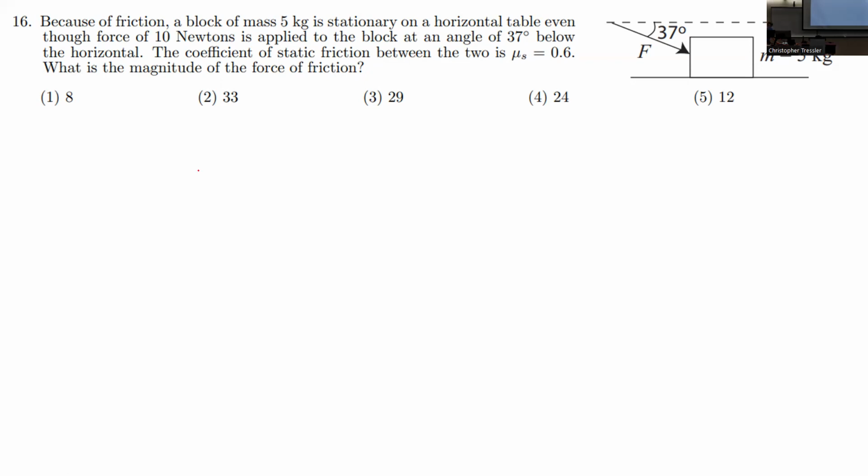Okay, so we're going to say the force of static friction. We know that the maximum force of static friction is less than or equal to mu s times the normal force, which is mg.